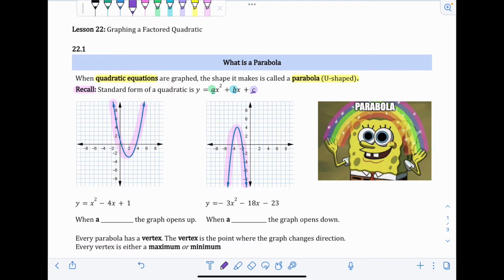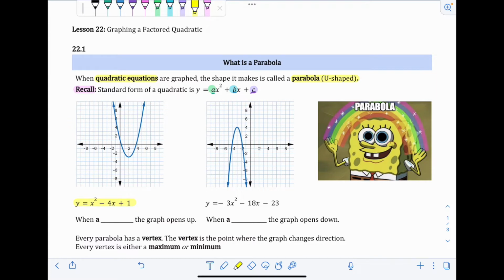All three of those values in the actual function, whatever numbers we have there for a, b, and c, have a different impact on the graph, but only one of those letters impacts whether the graph opens up or opens down, and it's a. If we look at the two actual rules for our graphs, the first one is y equals x squared minus 4x plus 1.